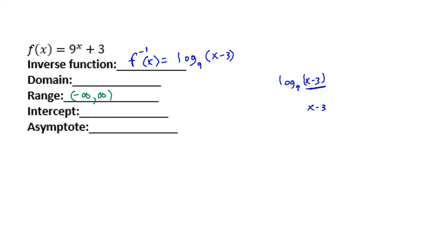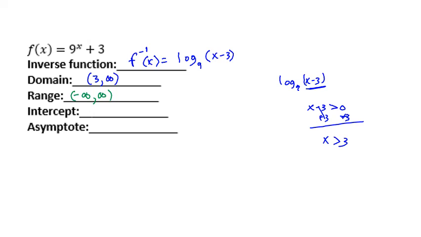So x minus 3 has to be greater than 0. So if we solve for x by adding 3 to both sides, then x has to be greater than 3. So our domain is going to be from 3 to infinity.